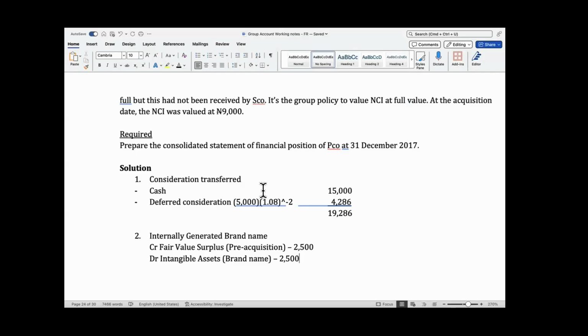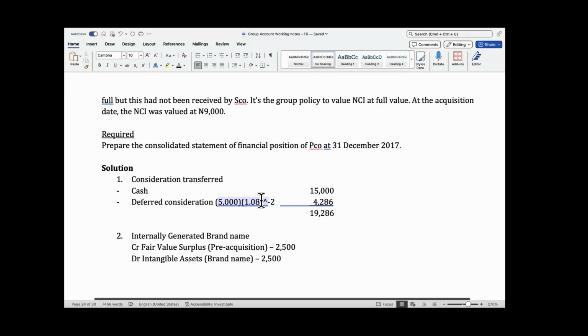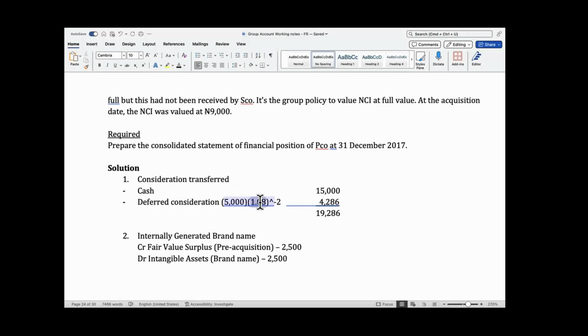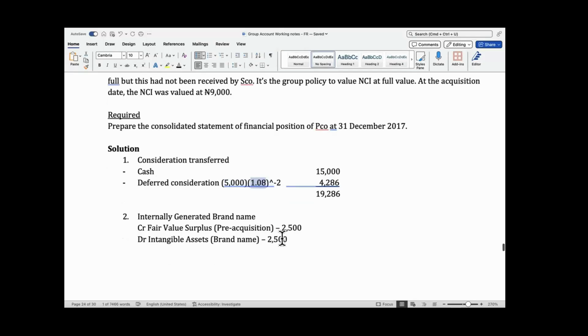So do we add 1 plus 0.08? The formula is 1 plus r raised to the power minus 2. So 1 plus r is 1 plus 0.08. That's 1.08. That's how we got this. All right, thank you.